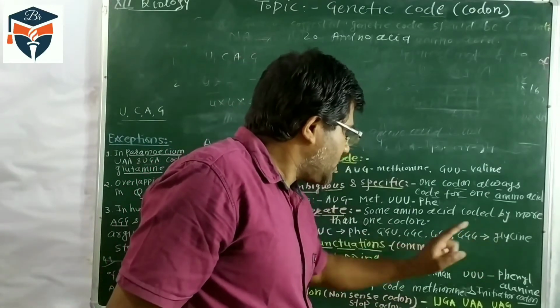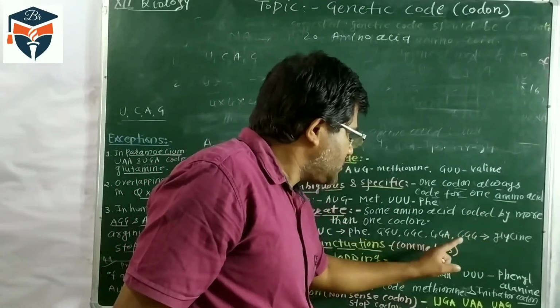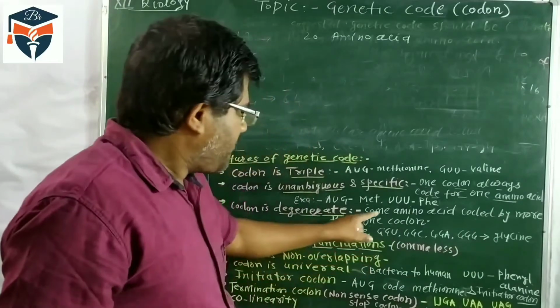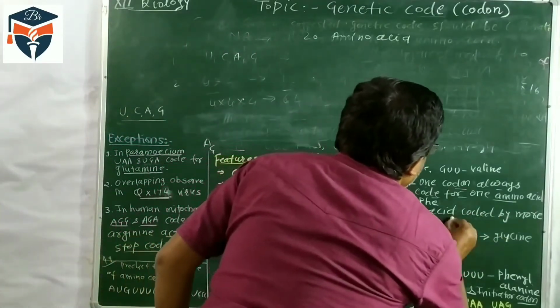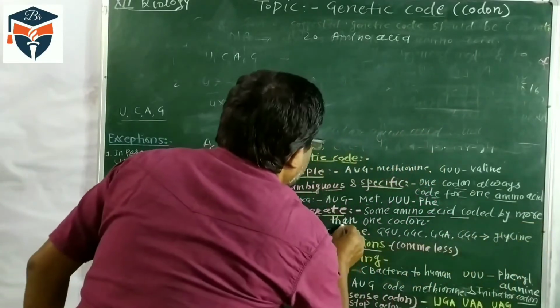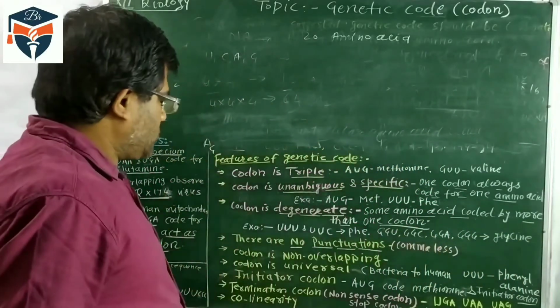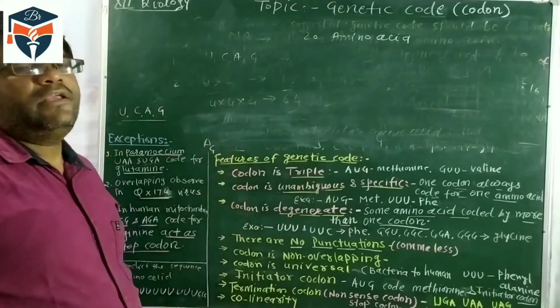GGC codes for glycine. GGA for glycine, and GGG. And that's why, if an amino acid is coded by more than one codon, it is called the codon being degenerate.